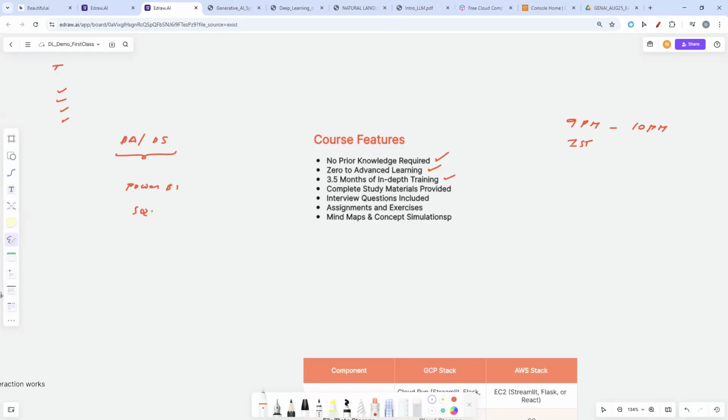These are different concepts along with the machine learning and data science concepts. But generative AI is something different, where we will not discuss Power BI, SQL, or R. Why? Because these are visualization tools, and this is a database query language, and this is a different language. So it will not be part of generative AI.